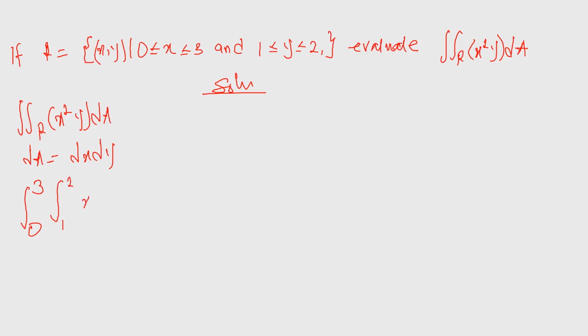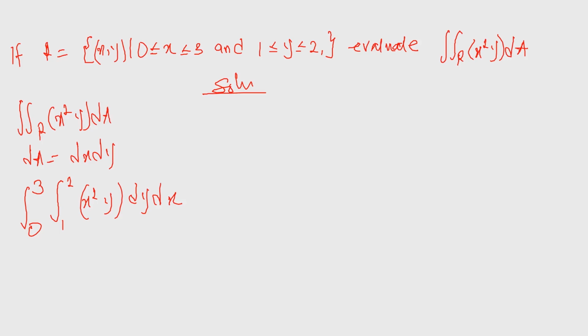My function is x squared y, and since I'm integrating with respect to y first, it's going to be dy dx. Note, if I am integrating with respect to x first, then the dx will come before the dy, and if I'm integrating with respect to y before x, then the dy will come before dx.